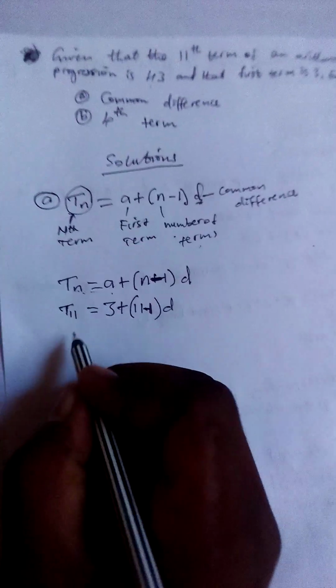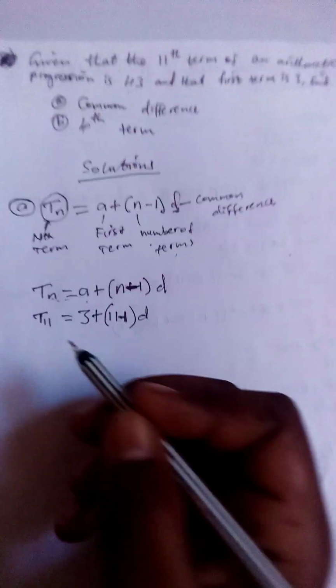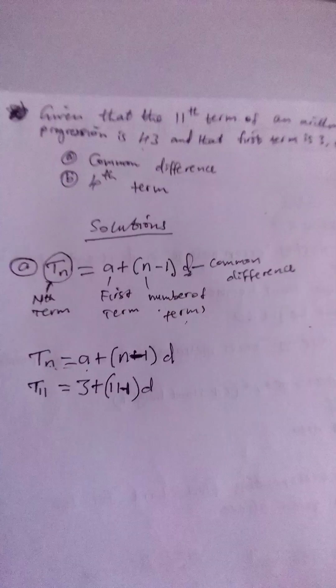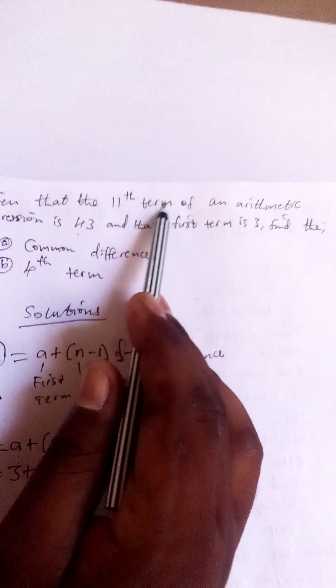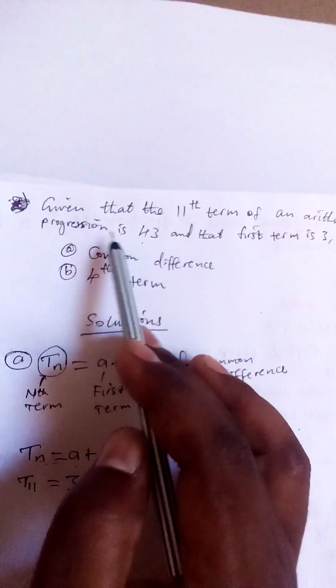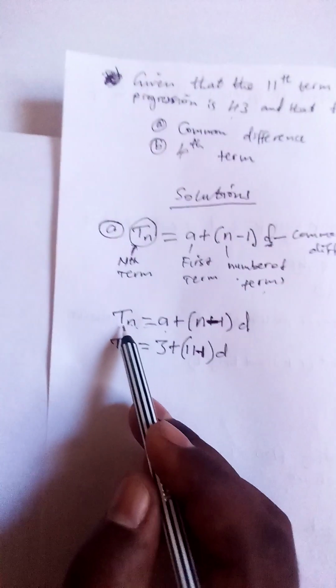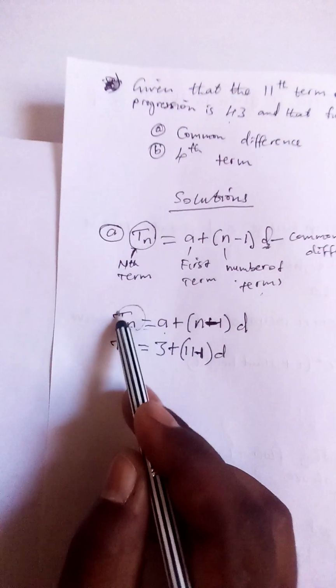Then the question again. Every time you are solving, the reference should be the question. Given that the 11th term of an arithmetic progression is 43, initially in the question this one was our nth term.